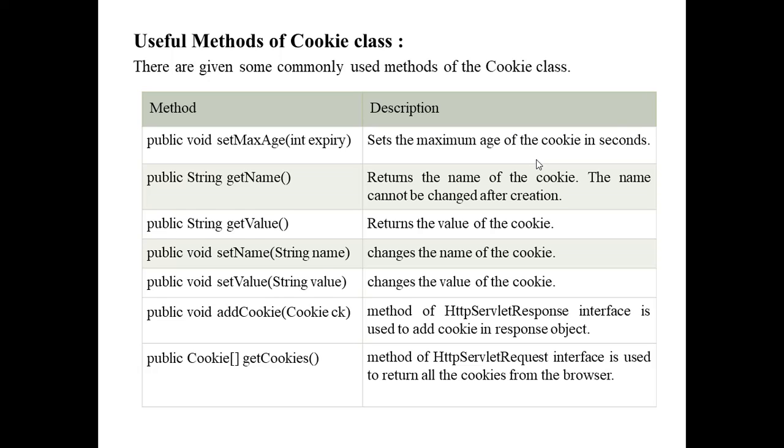This method of the HttpServletRequest interface is used to return all the cookies from the browser. So these two methods, addCookie and getCookies, are present in the HTTP servlet interfaces.